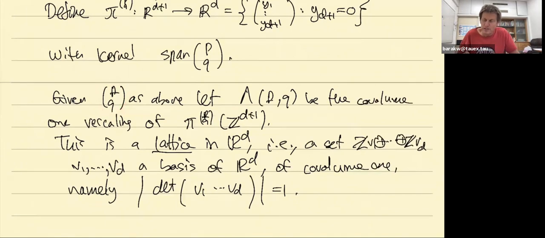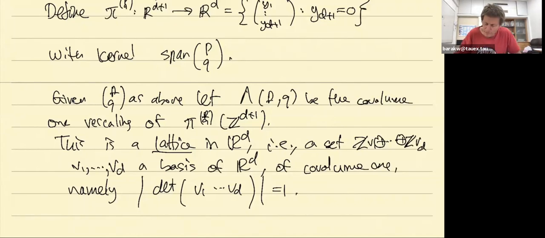Now, it's not hard to see that the image is discrete. The reason the image is discrete is that this projection is defined with coefficients of rational numbers, and we're projecting Z^(d+1), and so vectors can't get too close to each other. There's a minimal denominator of the coefficients of this projection, thought of as a linear transformation. And then I can rescale it so that it has covolume 1, and this is lambda.